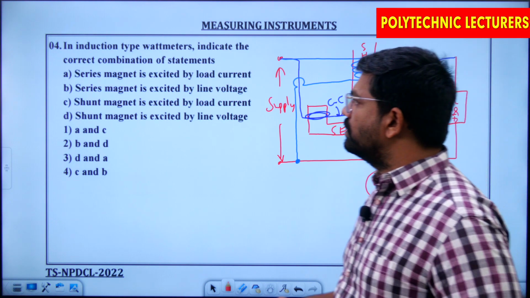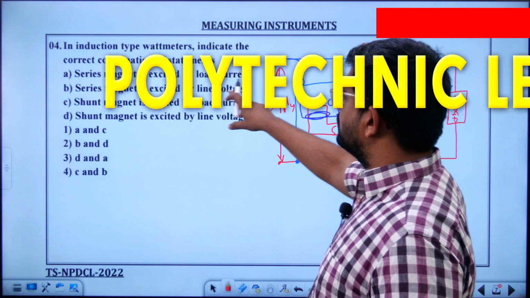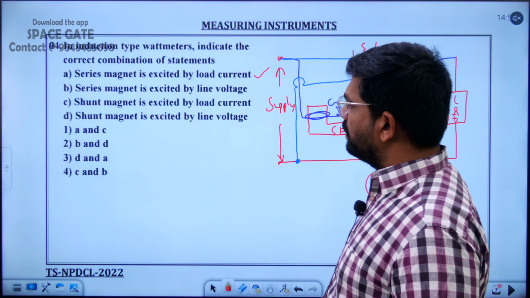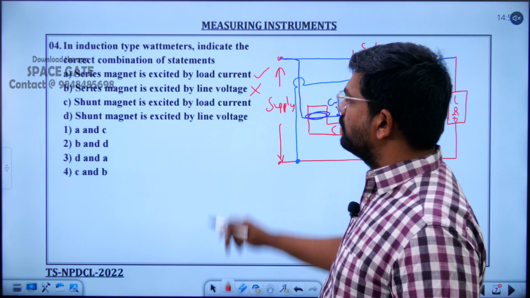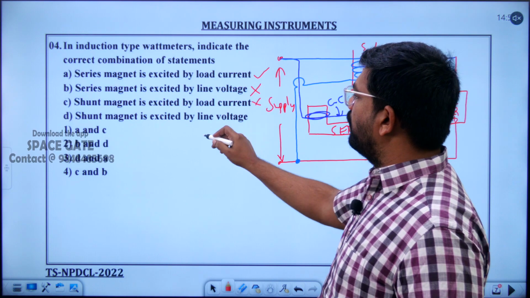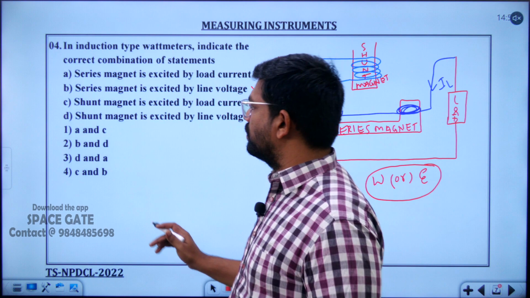Now check with the statements given. Series magnet is excited by the load current, it is okay. Series magnet is excited by the line voltage is wrong. Shunt magnet is excited by the load current is not right, because the shunt magnet is excited by the line voltage. So wherever A and D are present, that is our answer.